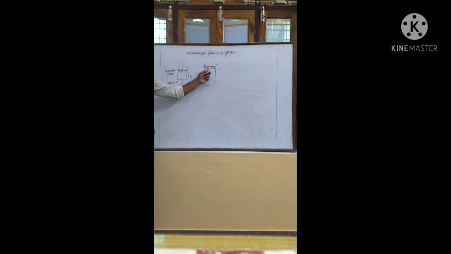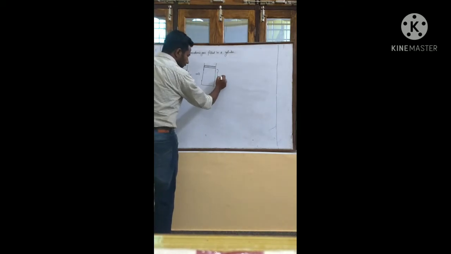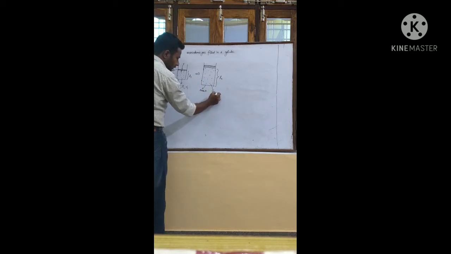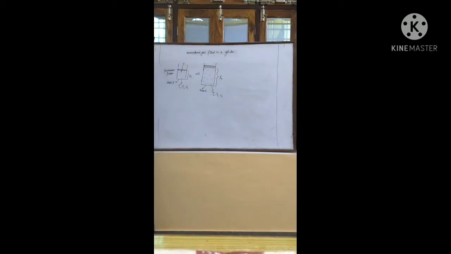Okay, and at this position it comes to rest. So new length is L2. Area will be same as A. And new condition will be T2, P2, V2.